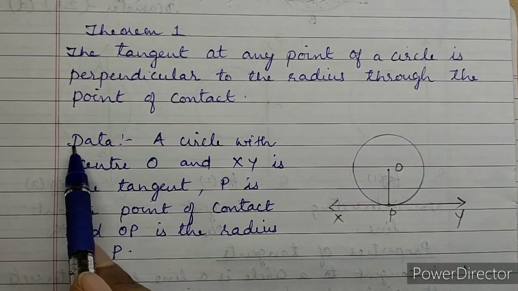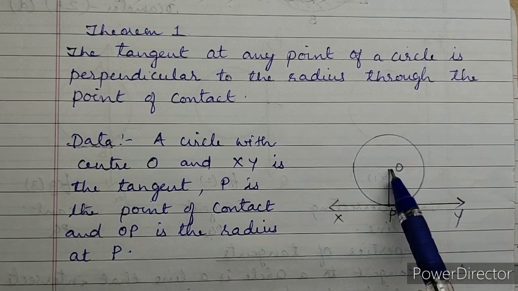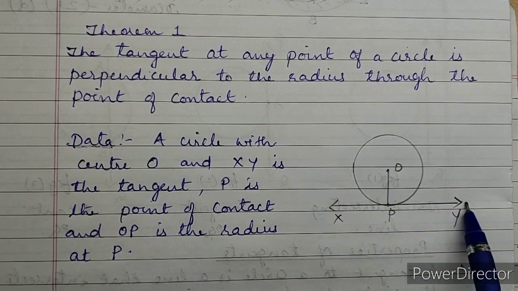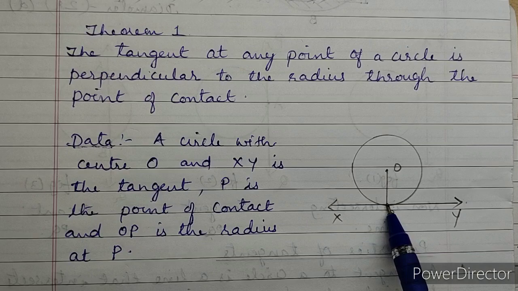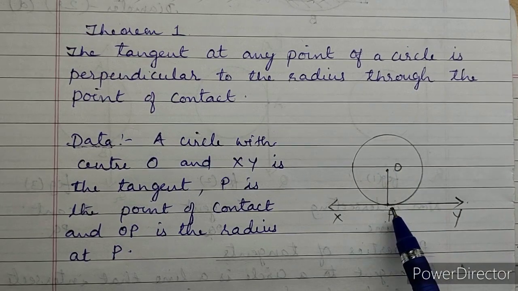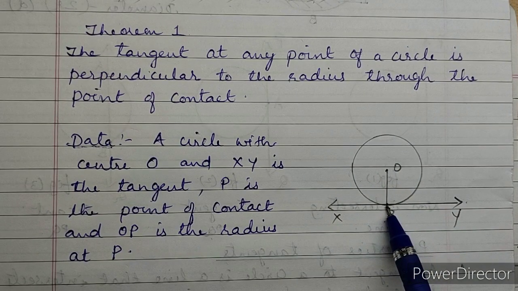Given part is called the data. Circle with center O, XY tangent, point of contact is P and OP is the radius at point of contact.